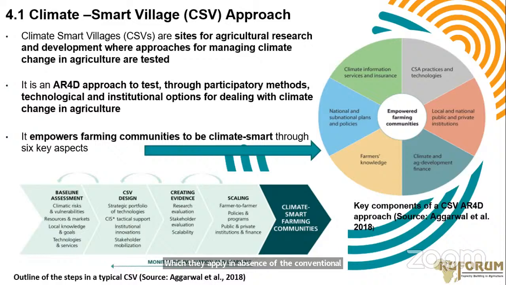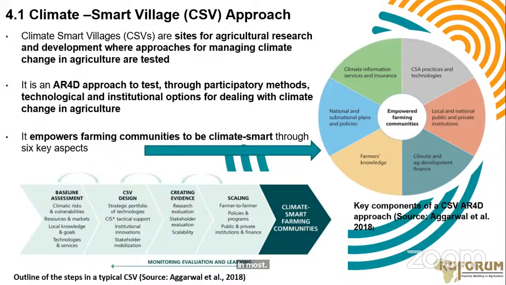But still, even in the presence of conventional technologies, they still do apply because these are tested, they are tried, and they're found to be working. And so we can only build on what they already know than drastically introducing them to new things. And that has shown to work well in most farming systems.